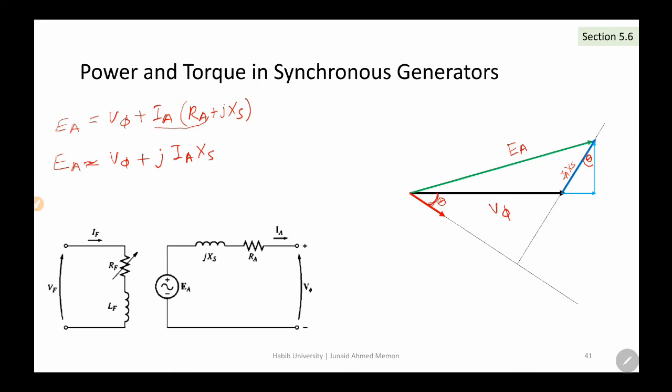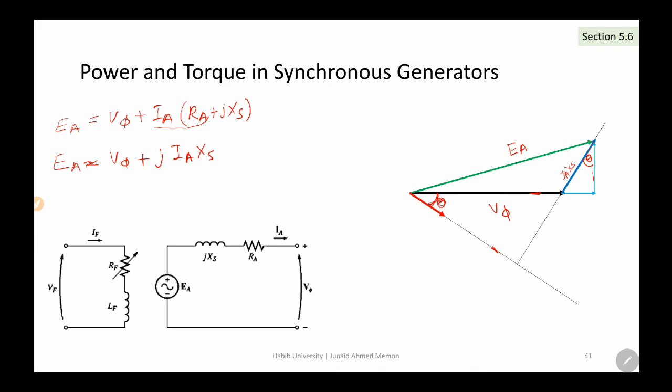This is because of a theorem in geometry that the angle between two lines and the angle between the lines perpendicular to them are equal. This line is perpendicular to this line, and this line is perpendicular to this line, so whatever the angle theta is, it is the same angle between those two lines as well.